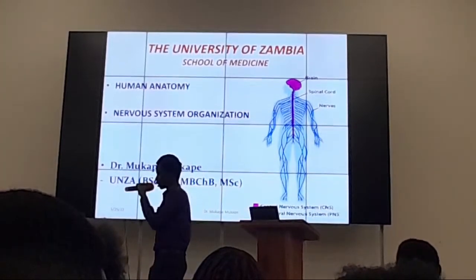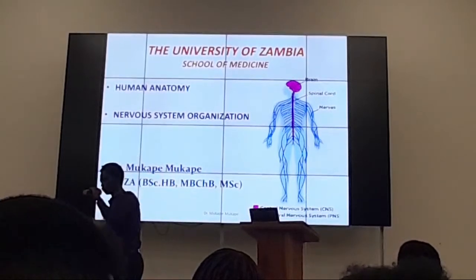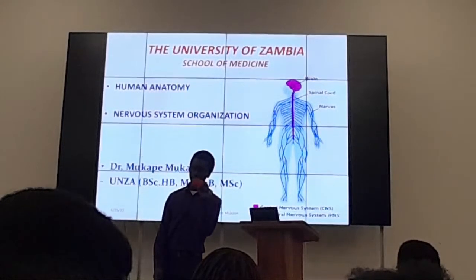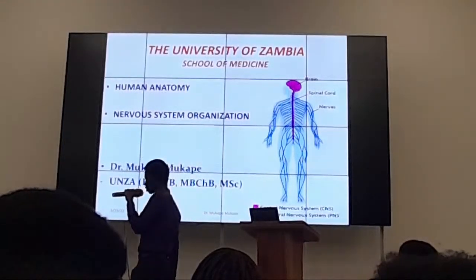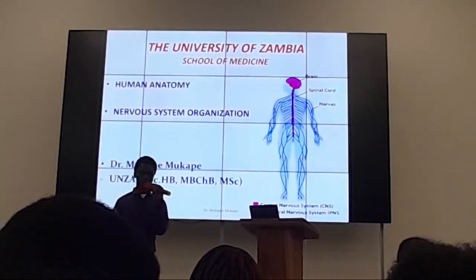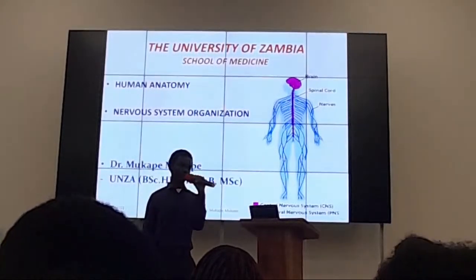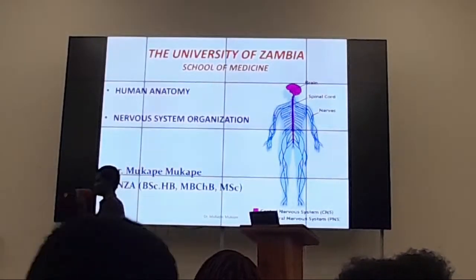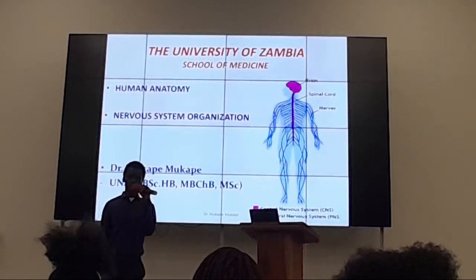We have those which come from the brain, and we have those which come from the spinal cord. Those which come from the brain are called cranial nerves. And how many are these cranial nerves? There are 12.